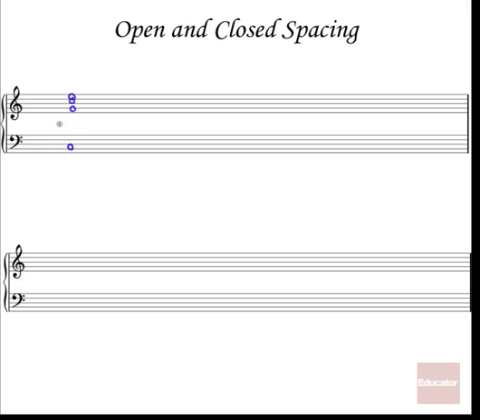In a four voice context, we want to double the root in these root position chords. So we've got a C, a G, a C, and then an E. This is an example of closed spacing, and I'll explain what that means.